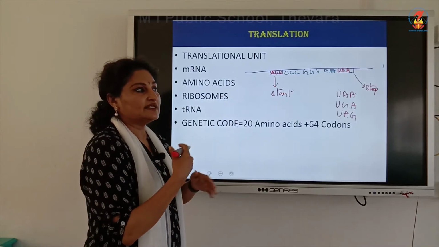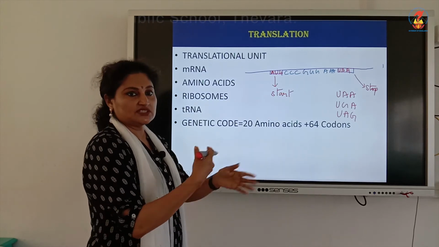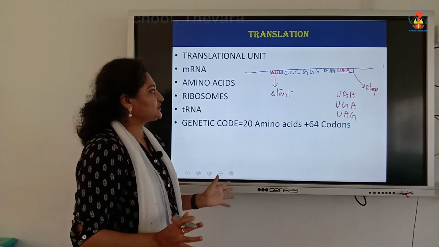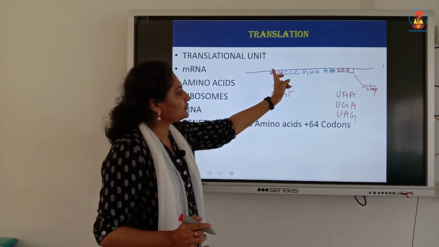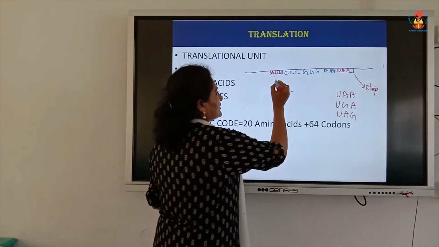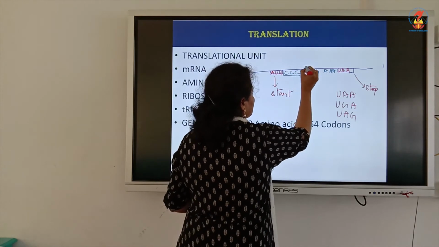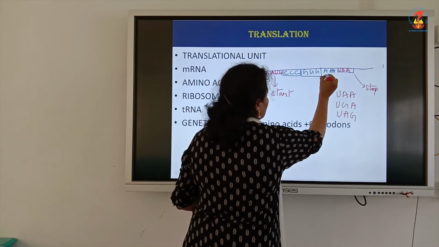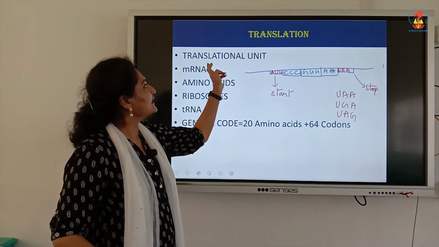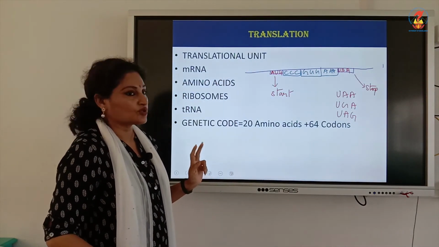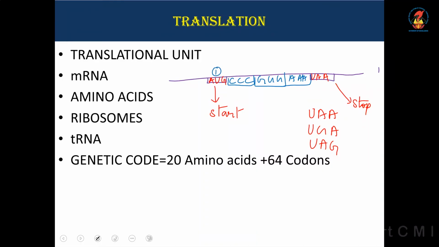It is jumbled and shuffled, CAG, GCA, UG and all those combinations. For you to identify, you can see how many codons are in between the start and stop codon. There is CCC, GGG, AAA. So, how many codons totally are there in this translational unit? Totally 1 start codon, 2, 3, 4, 5. Fifth one is the stop codon.